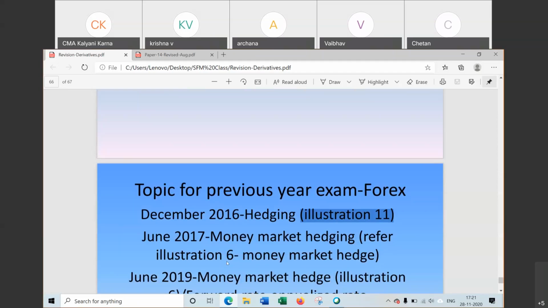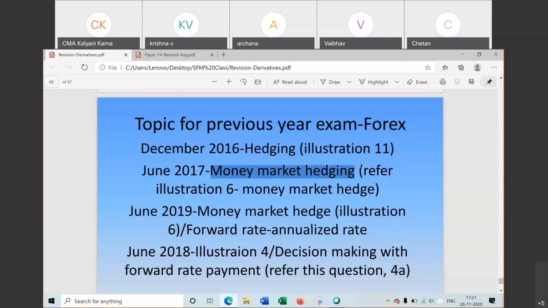So for hedging in forex, you must revise money market hedge. And important questions, illustration 11, 6, 4, these are the must-do list. Illustration 6, 4, 11, illustration 8 also. Questions based on illustration 8.